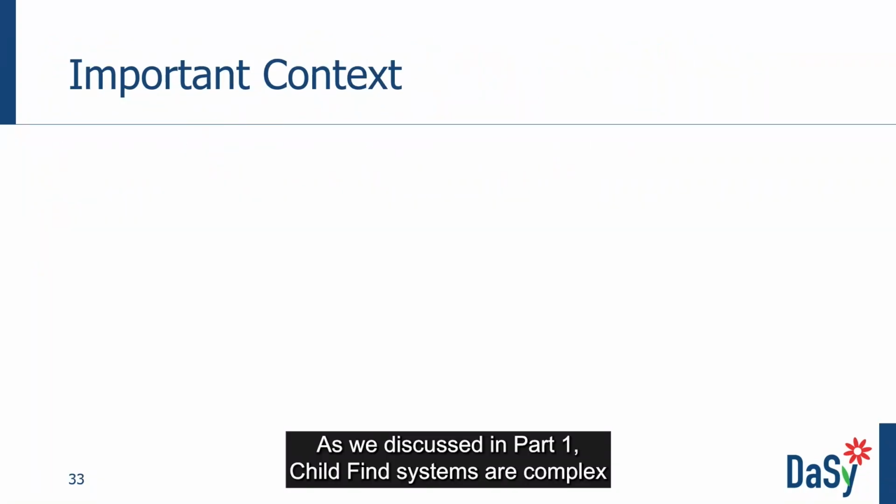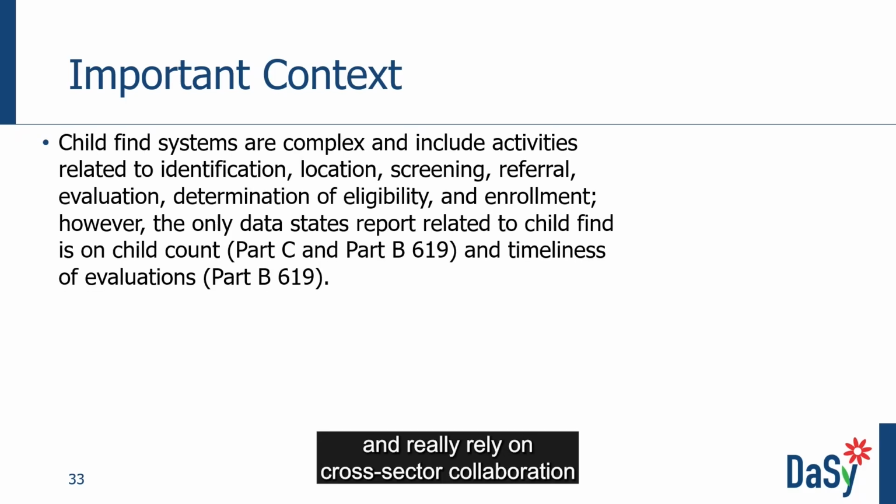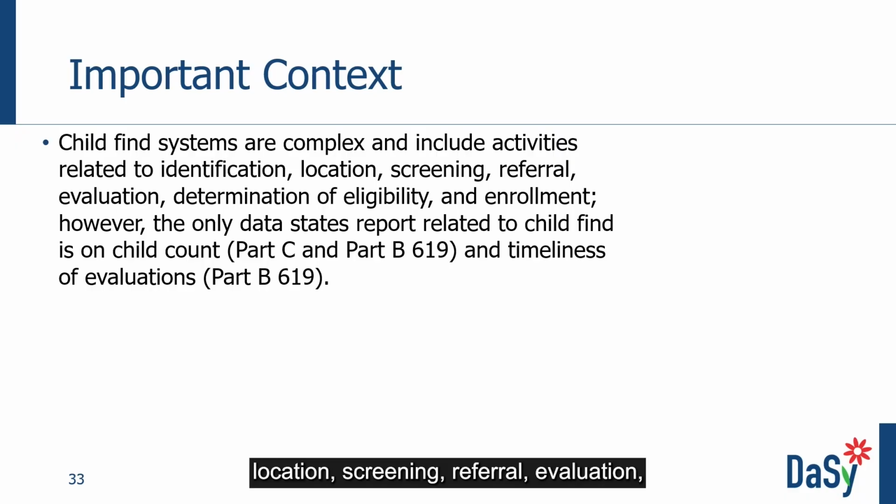As we discussed in Part 1, child find systems are complex and really rely on cross-sector collaboration for all of those activities related to identification, location, screening, referral, evaluation, eligibility determination, and enrollment. However, the data states report related to child find is really limited.